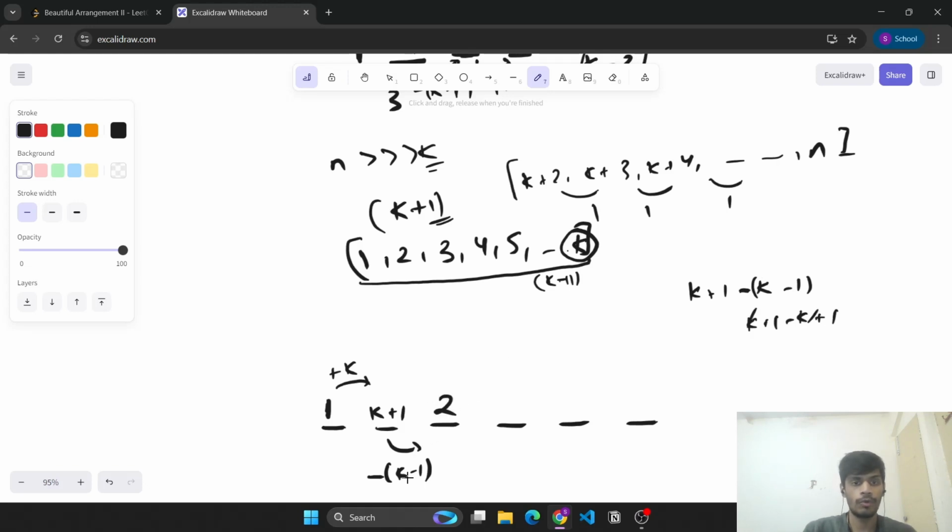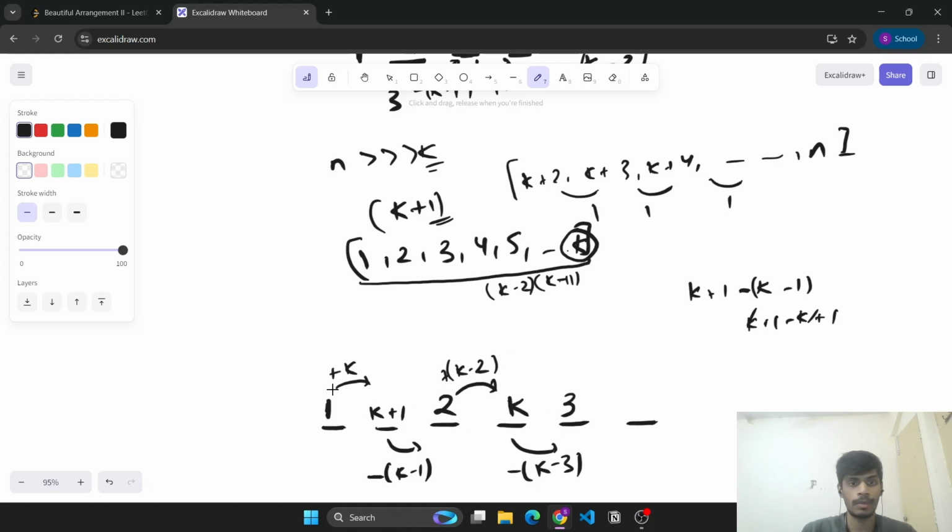Now, since we have satisfied k minus 1, we need to satisfy k minus 2. So we move forward by k minus 2. So we get k only. Then we move backward by k minus 3. So we'll get 3. So are you able to see?